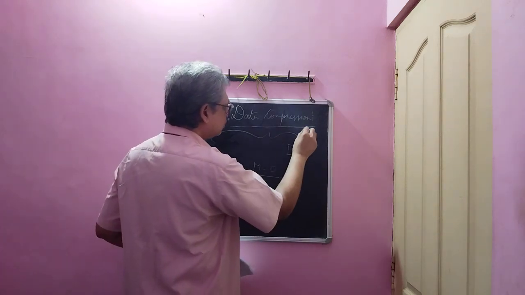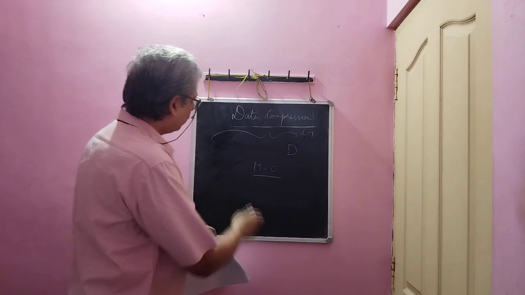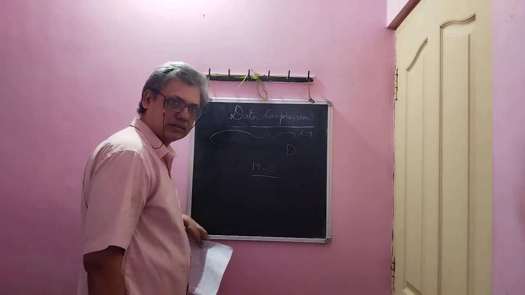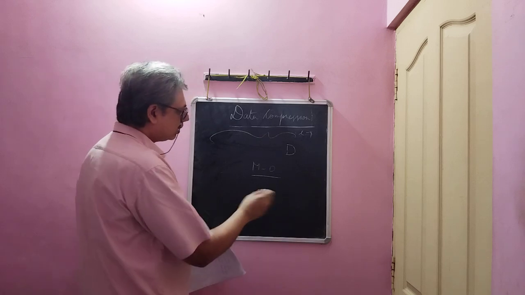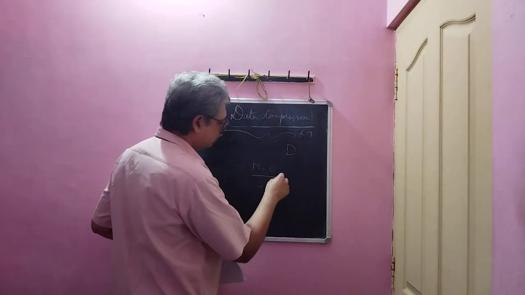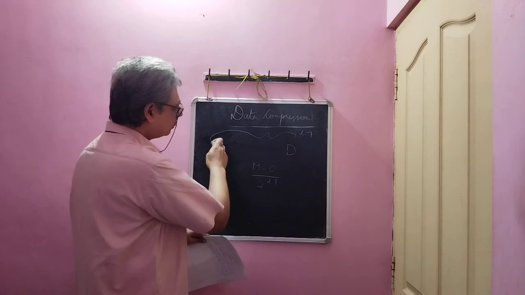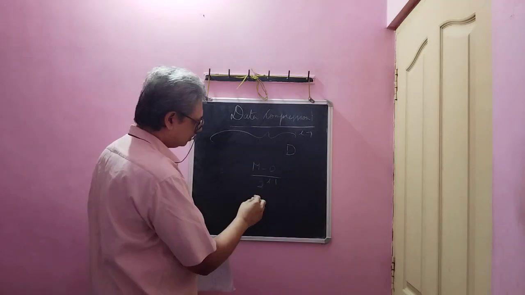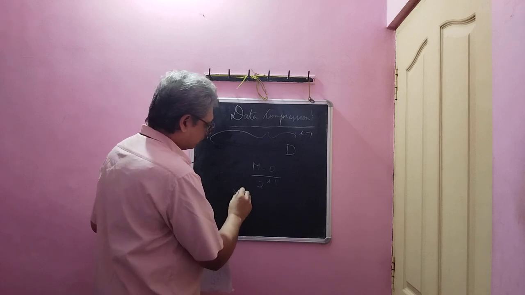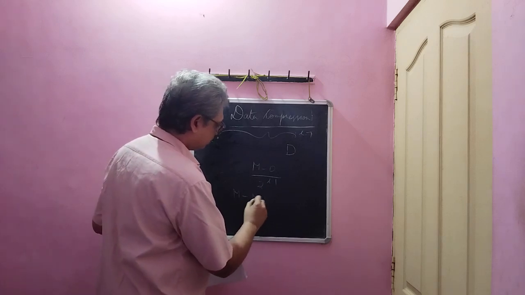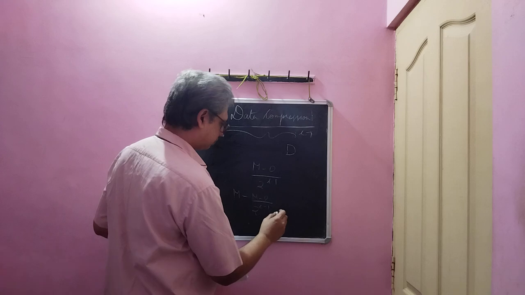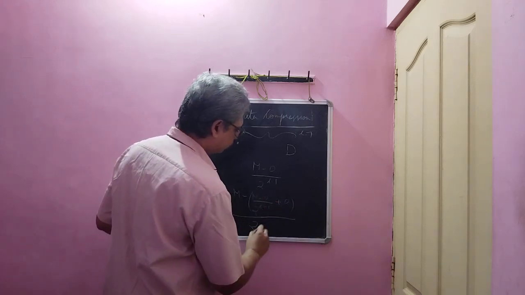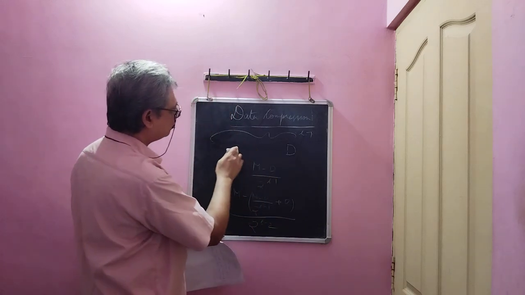In all there are L weights. So that by 2 power L minus 1 is what should be satisfied here. Then you take away M minus D by 2 power L minus 1 plus D, whole divided by 2 power L minus 2 and so on, must be the weights like this.